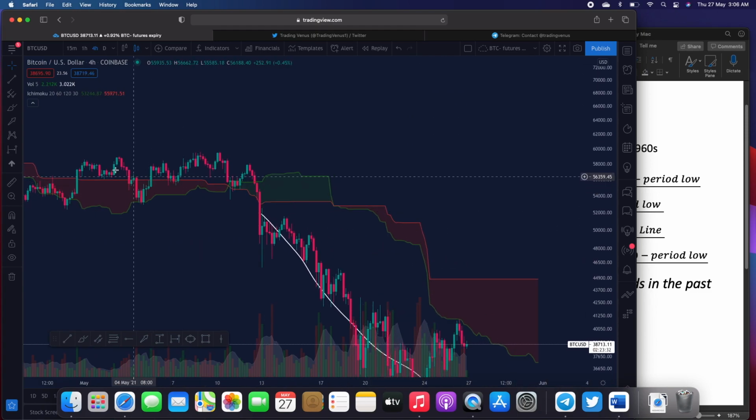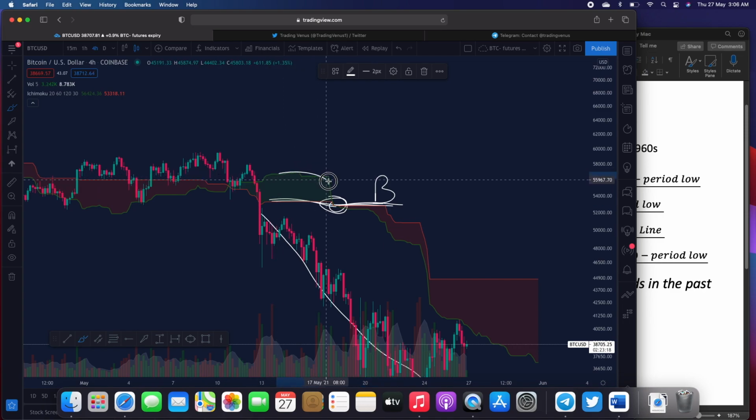If the leading span B goes above, here it was below, but on the crossover it went above and the leading span A went below. Whenever this happens, the difference between them forms the red cloud. And whenever the leading span A is above the leading span B, we form the green cloud.